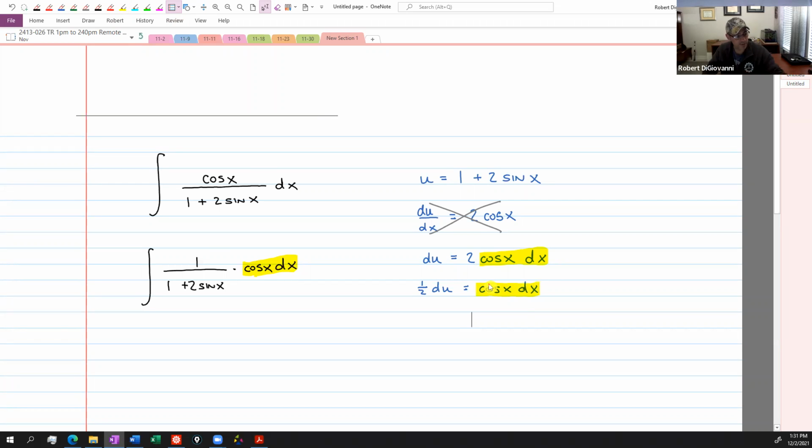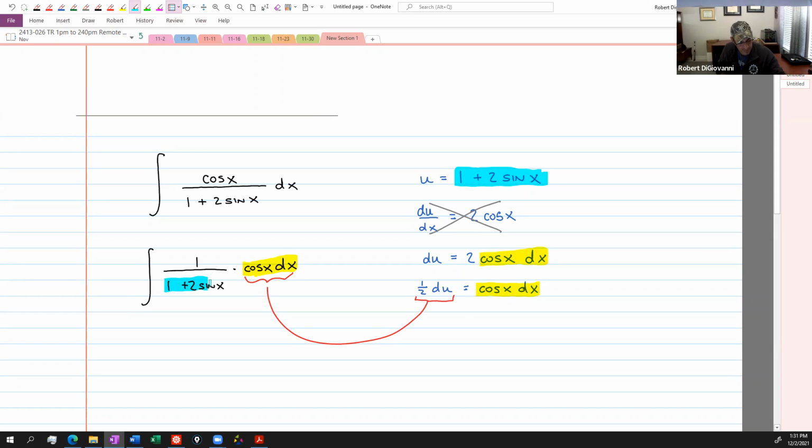So I am going to be able to replace all of this with 1/2 du. Got it? Further, Arturo told us to do the substitution 1 + 2 sine x.